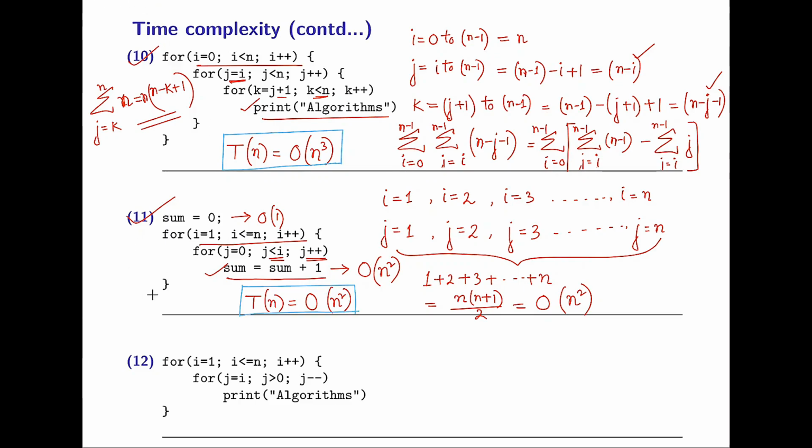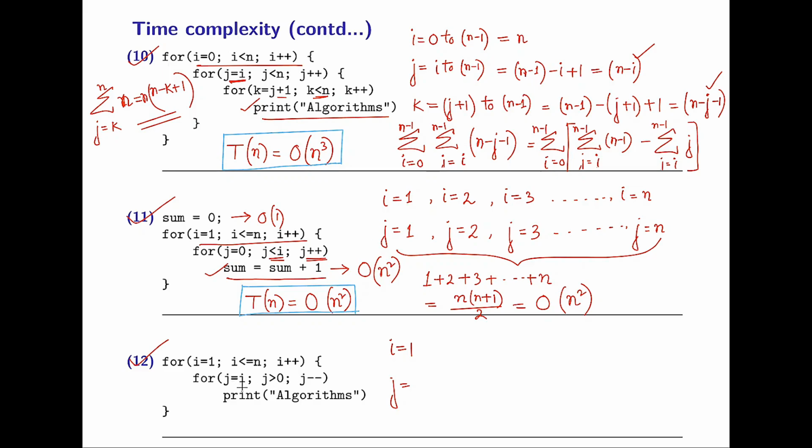Now focus on question number 12. Here also we will analyze the same way. When i equal to 1, how many times is j going to run? j equal to i. Now here you see a decrementing loop. j equal to i and then j greater than 0 means what? 1 to i.